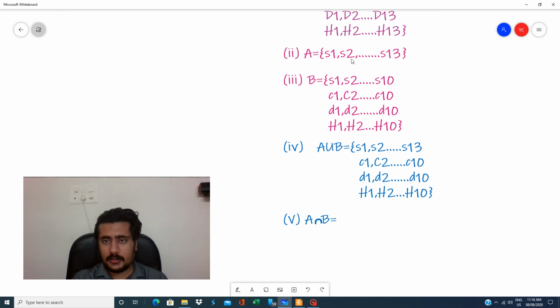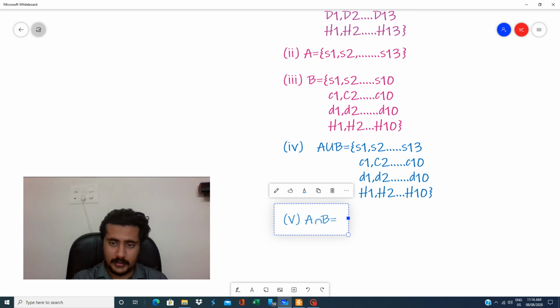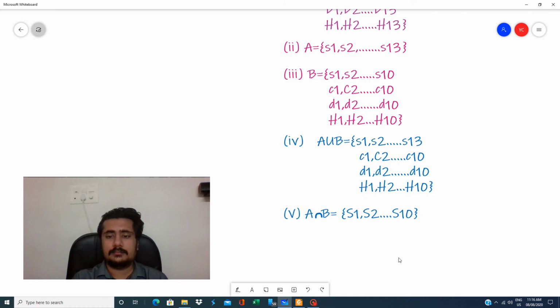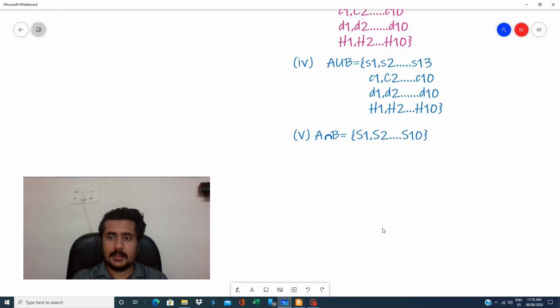So you can see S1 to S10 is the common element. So if I want to write the intersection, I will be writing S1, S2, and it goes up to S10.